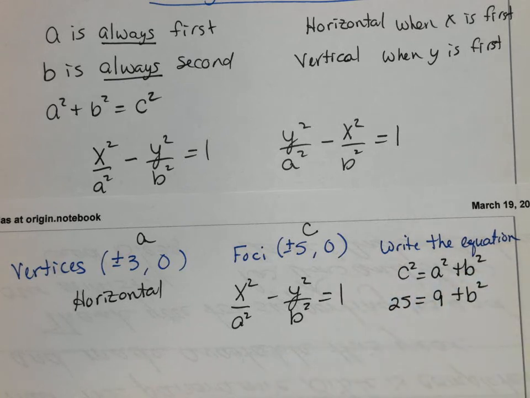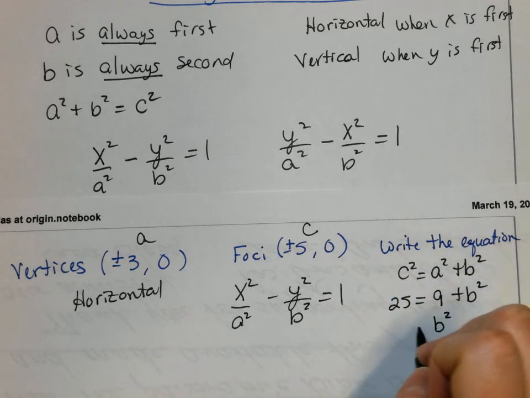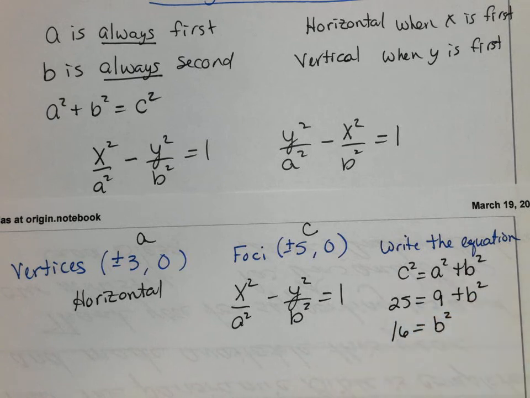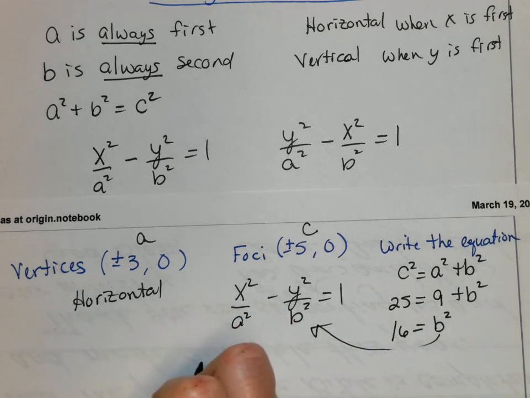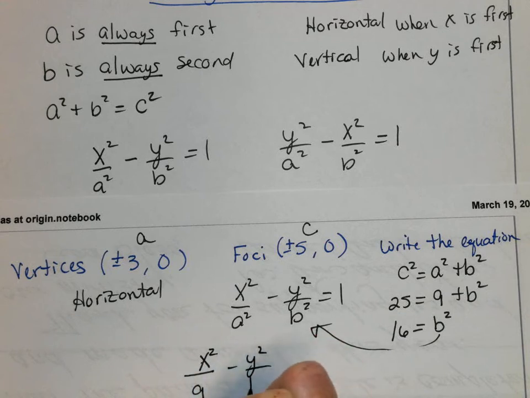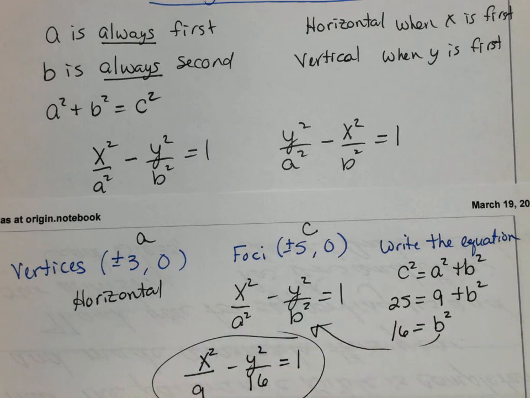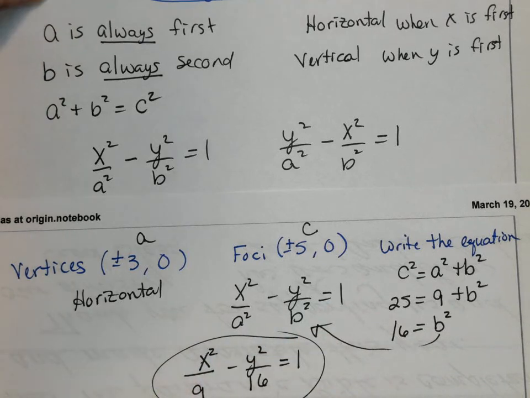I need to know B squared. Well, if I do a little math, I get 16 for B squared. Notice I don't need B, I need B squared. So my equation is real simple at this point. It's X squared over 9 minus Y squared over 16 equals 1. Final answer. Let's try one more.